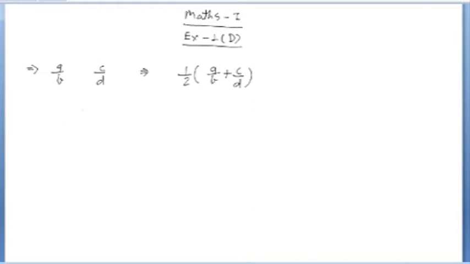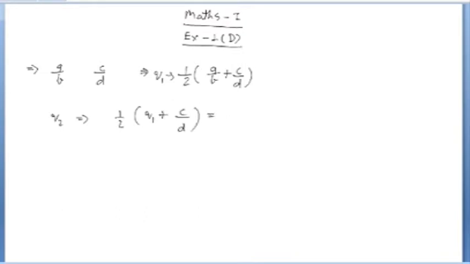Suppose this is q, rational number q1. If I have to find more than one rational number, then we have to do one thing. The second rational number is 1 by 2 q1 plus c by d.